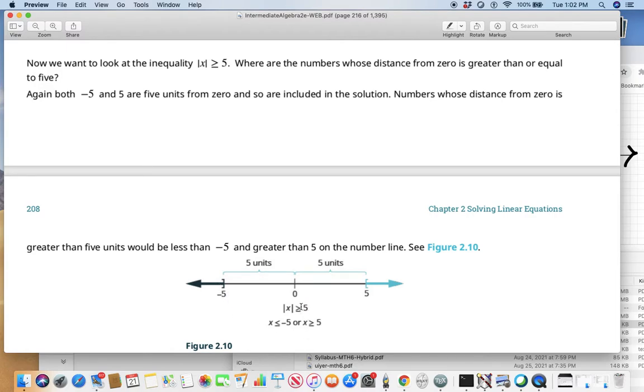If equality is allowed, then 5 and negative 5 are included in your set. That's the only difference. So remember, greater than or equal to means you have to be beyond 5 and/or beyond negative 5. Therefore, you say x is to the left of negative 5: x is less than or equal to negative 5 or x is greater than or equal to 5.